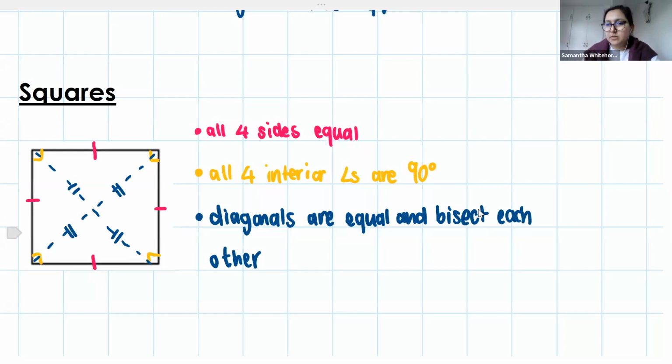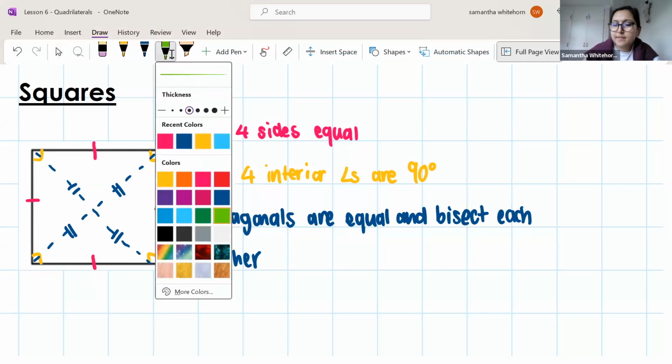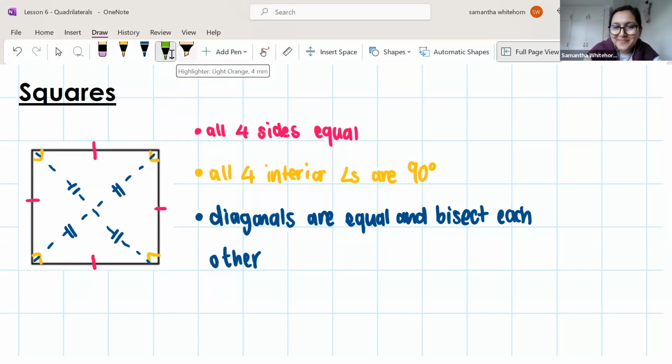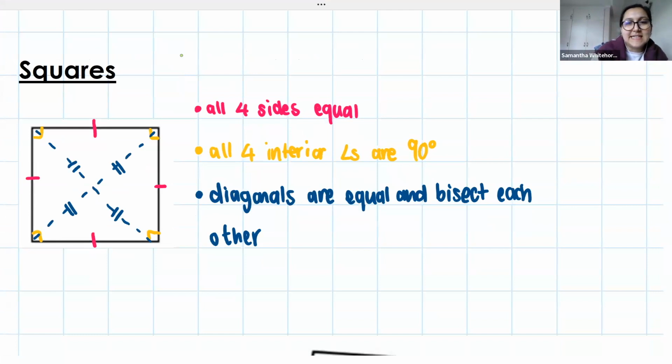Sorry, guys, I'm causing chaos on my side. Just want to see. Zingubeni? Hi, ma'am. The diagonals of a square bisect each other at 90 degrees.